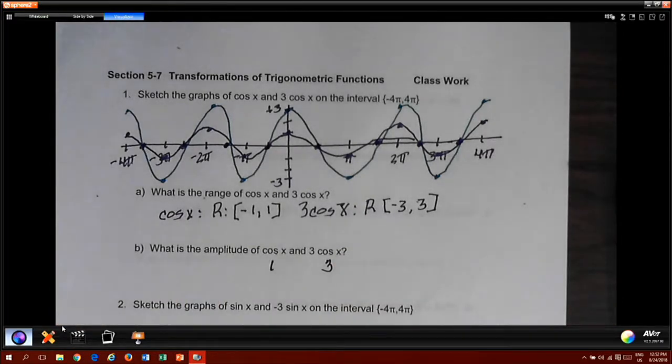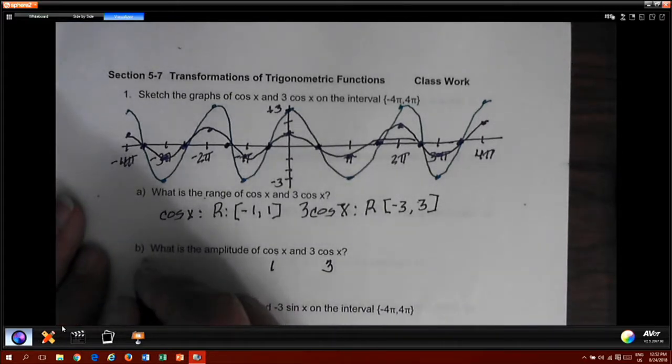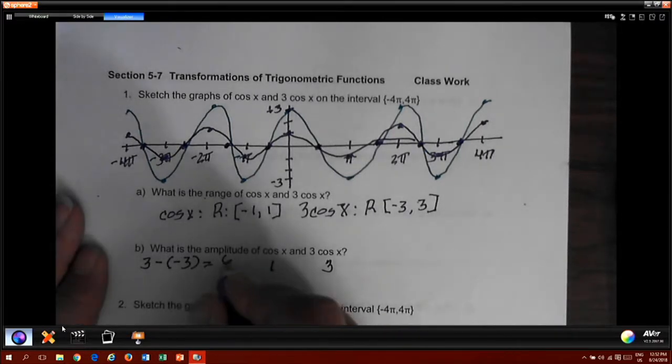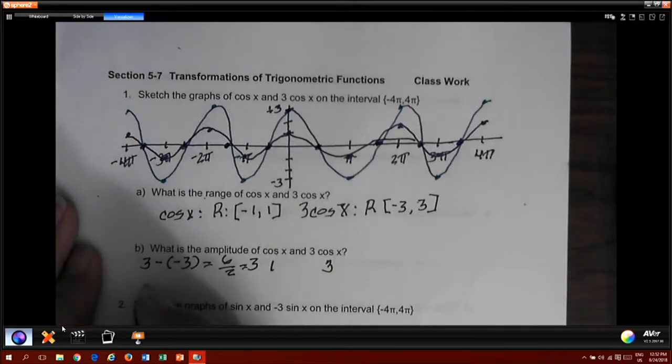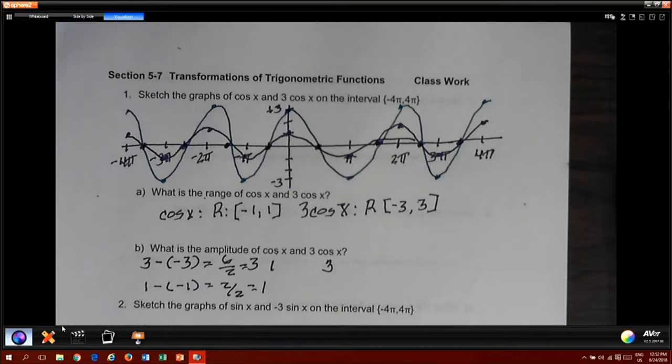This text talks about the amplitude as the difference between the high point and the low point. So if we do 3 minus a negative 3, we get 6, and then we divide by 2 to get the 3. 1 minus a negative 1 is 2. Divided by 2, we get our amplitude of 1.